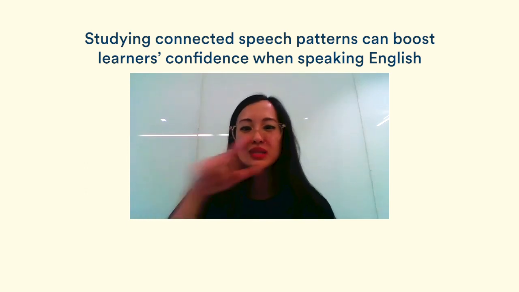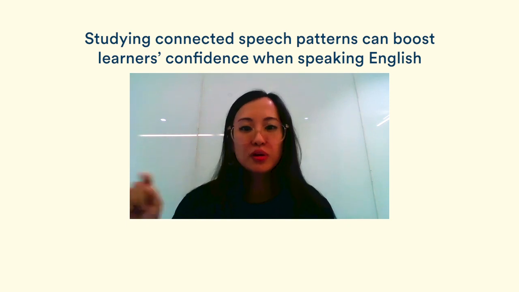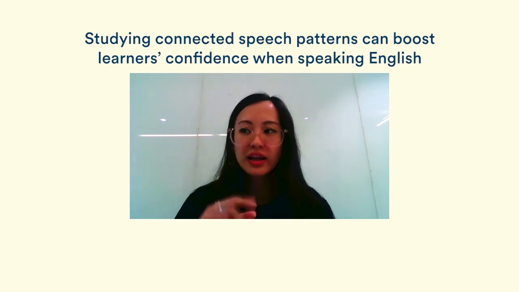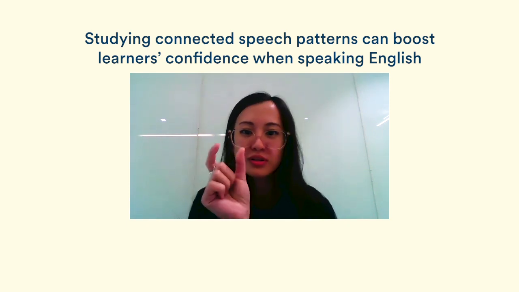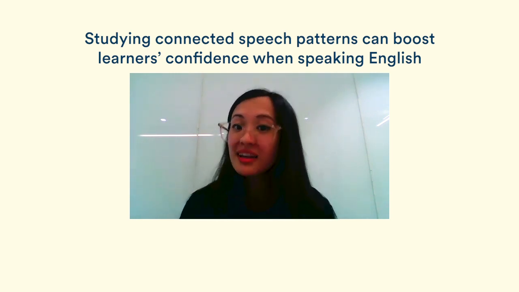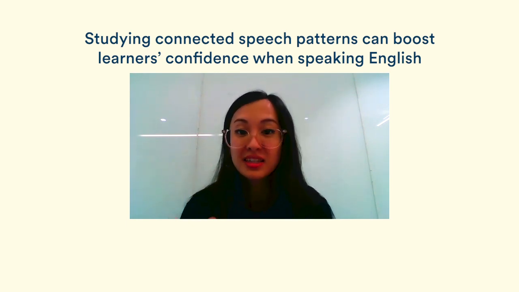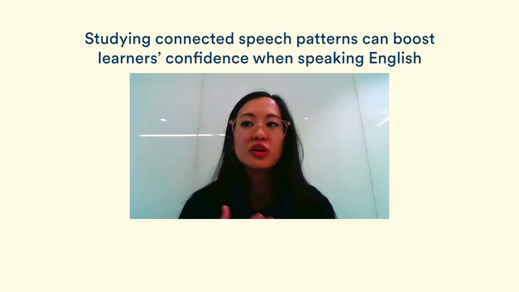We try to make them speak in a more flowy way by getting them to focus on connected speech and looking at which parts you would join together and which parts you would take out. It helps them be aware of phonology or connected speech from the beginning.